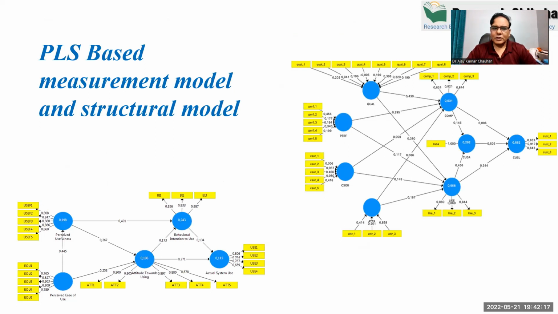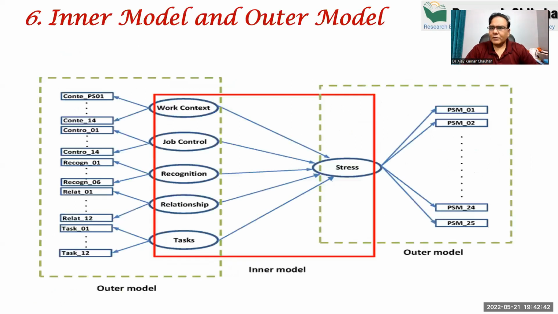The purpose of running the measurement model is to check the quality of the questionnaire by testing reliability, validity, and there are many more things like multi-collinearity, construct loadings, and so on. A structural model is only for hypothesis testing, whether there is a significant relationship between the constructs or not. So this way we explain the measurement model and the structural model and how to run it.